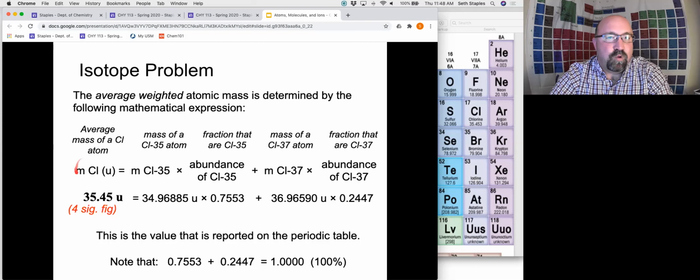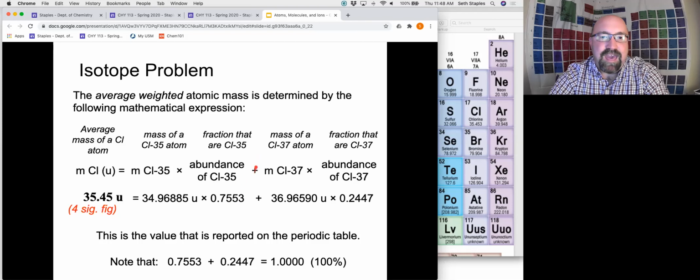So our average mass of chlorine is going to equal our mass of chlorine 35 times the abundance of chlorine 35. Here's our 75.53 divided by 100 to convert it to a decimal.